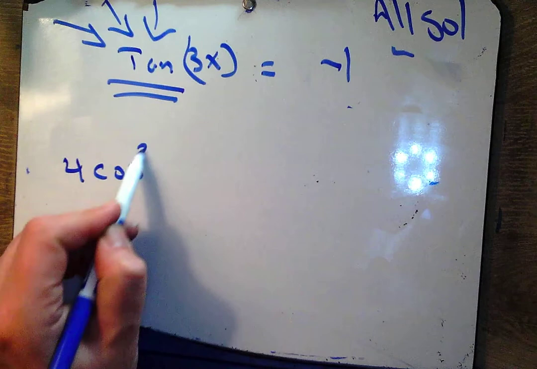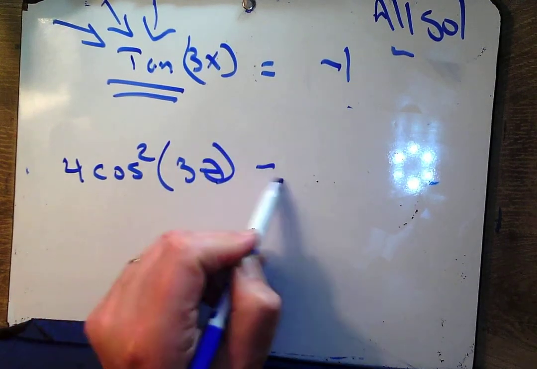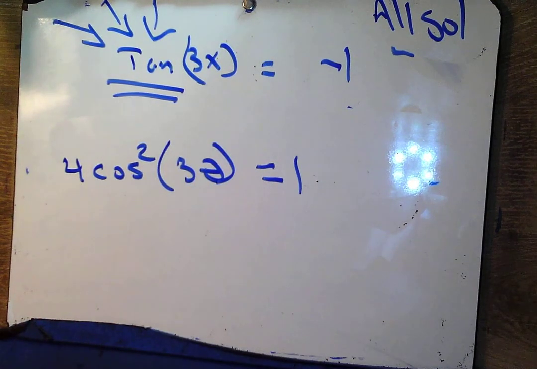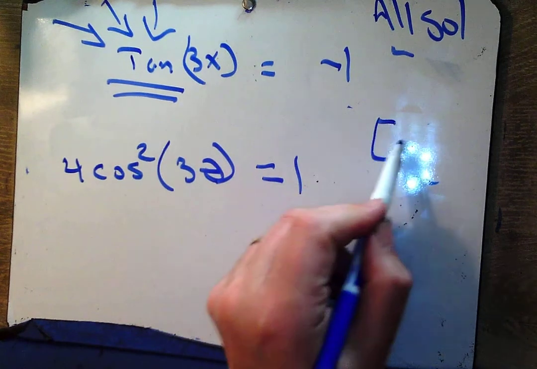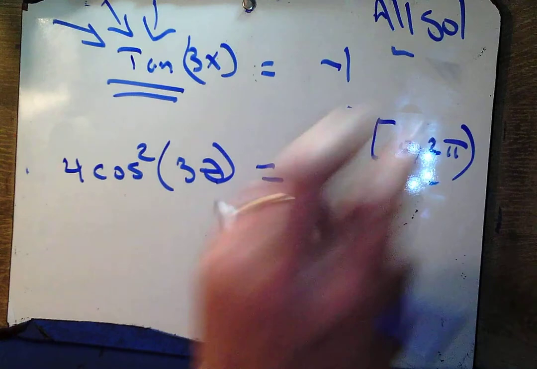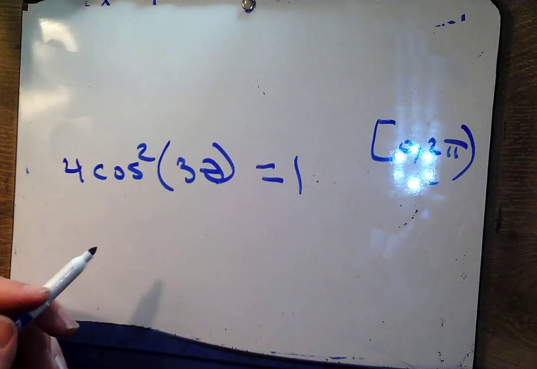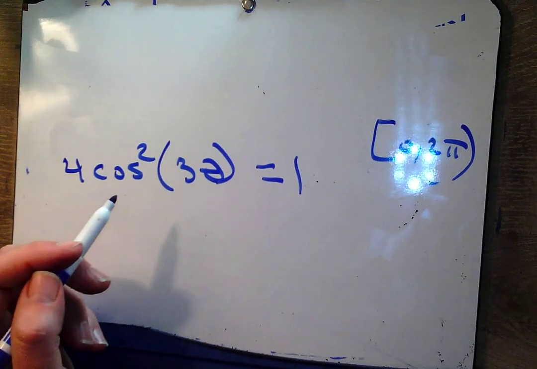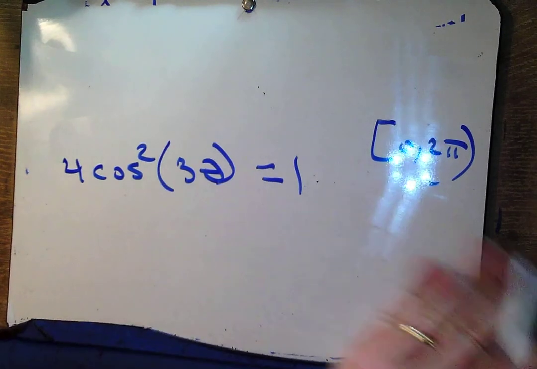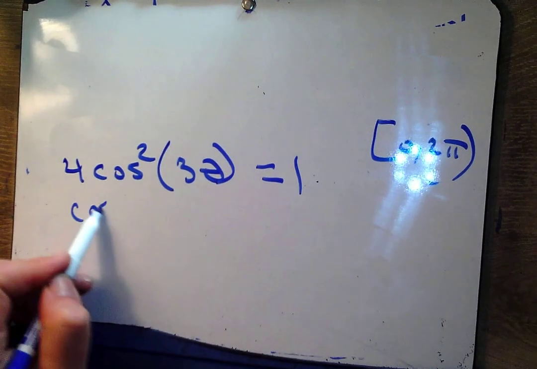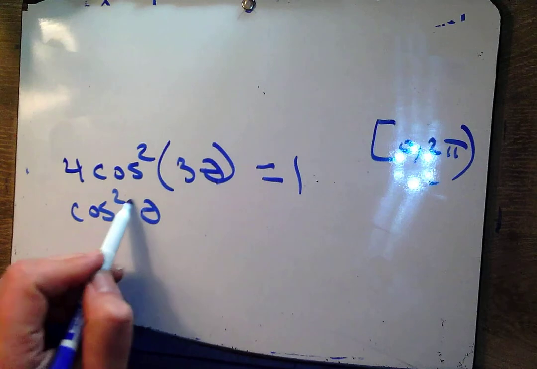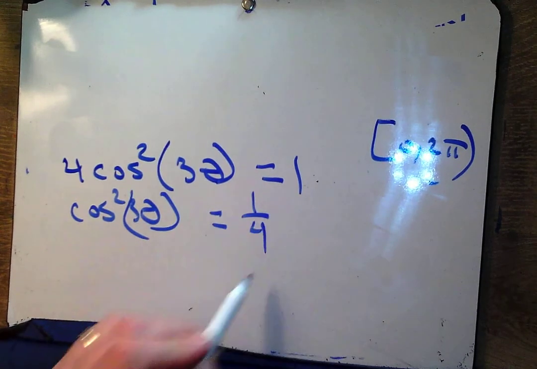4 cosine squared 3 theta equals 1. So solve that equation, and let's do 0 to 2 pi. Okay. How'd it go? I hope that you said that cosine squared is equal to 1/4.